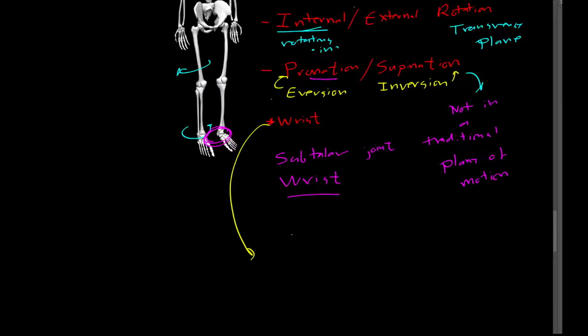At the wrist, supinated equals palms forward, and pronated means palms backwards, like flipping the hand back around.